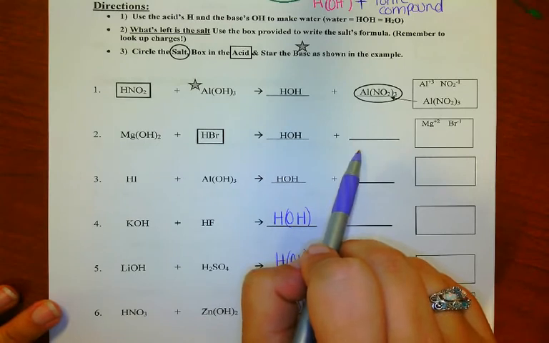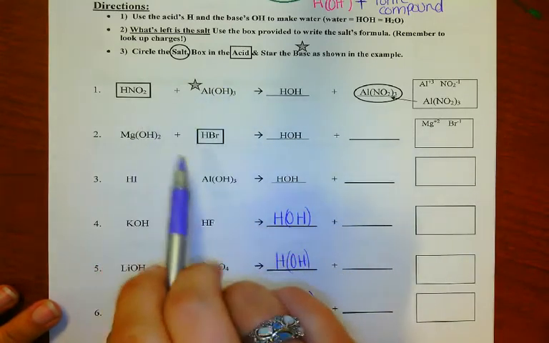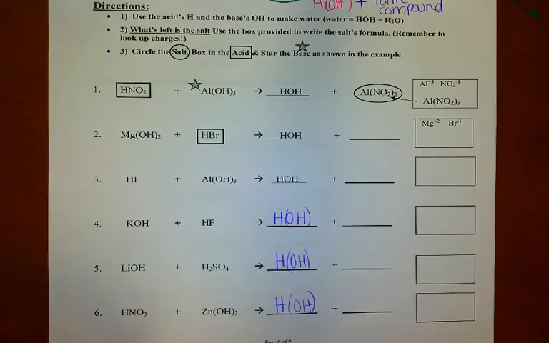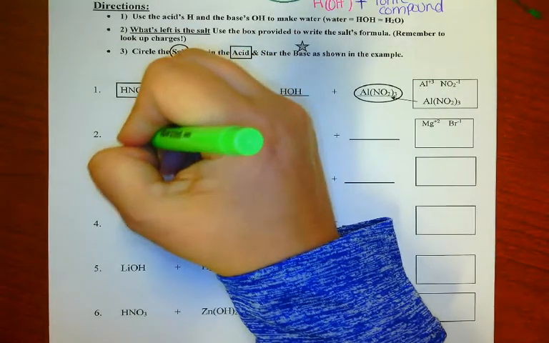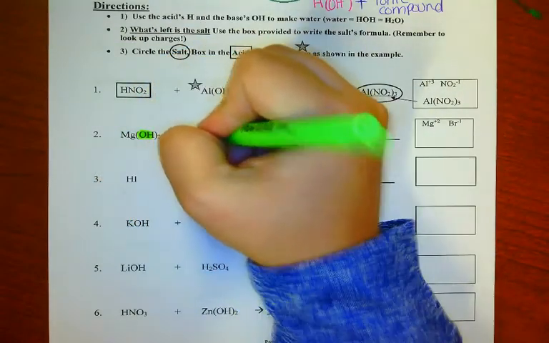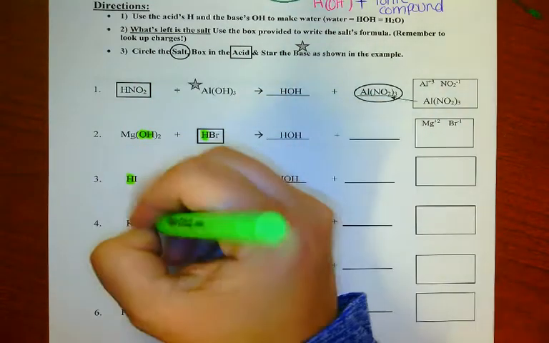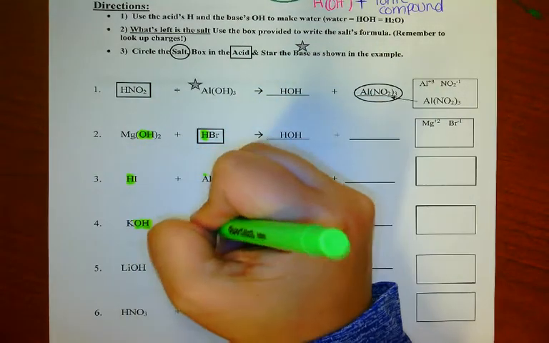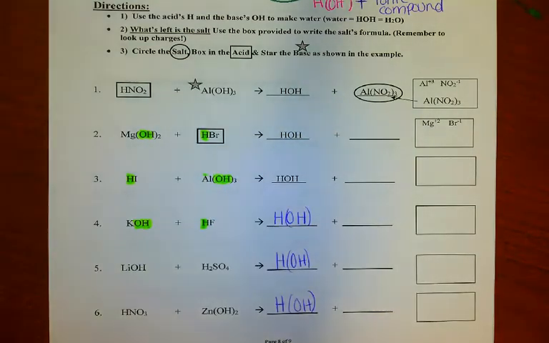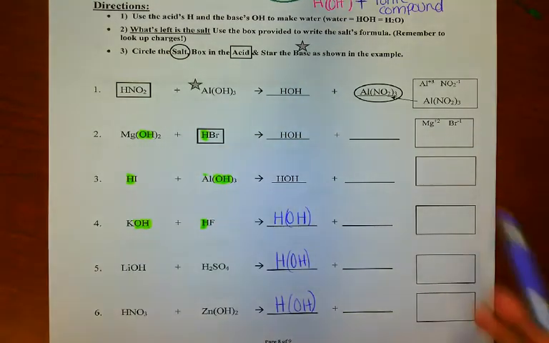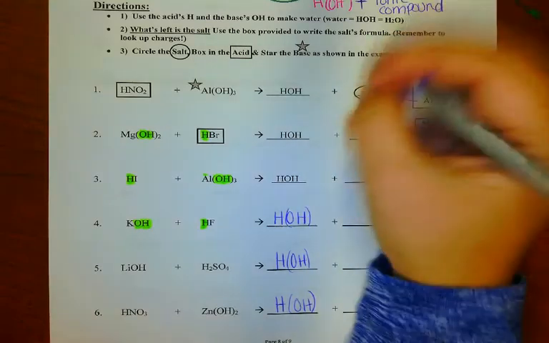For the salt, you're basically going to take the leftovers and join them. And when I say the leftovers, if we're taking out the OH and the H on every single problem, that means you need to join the other ions together. The positive ion is always listed first.